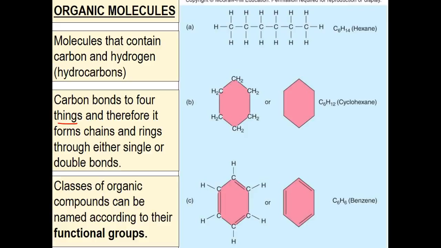Classes of organic compounds can be named according to their functional groups. We're going to talk about functional groups on the next slide. But realize that here you have a chain or a ring, as in cyclohexane, or you have the benzene ring here. All of these are organic molecules.